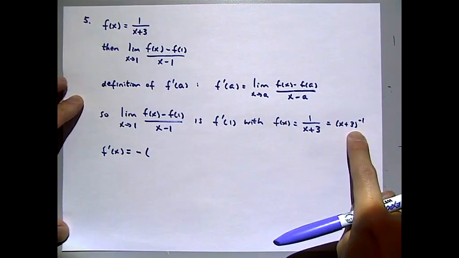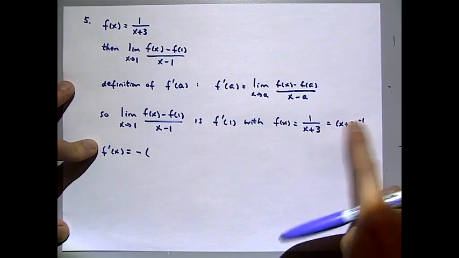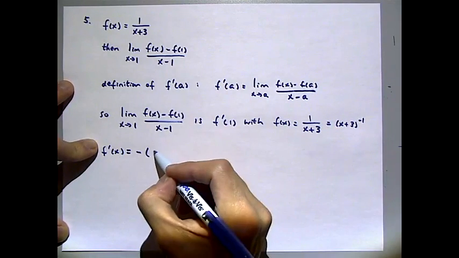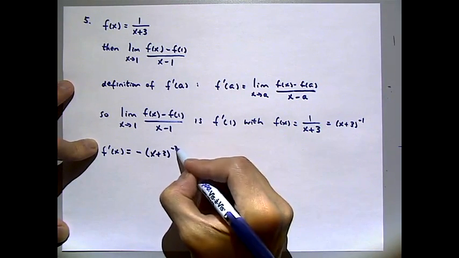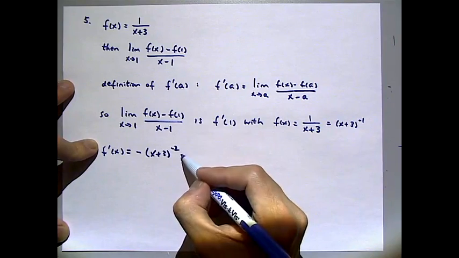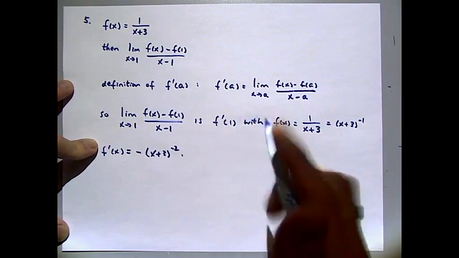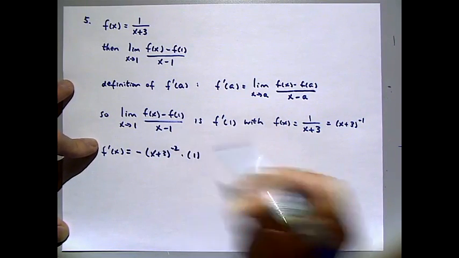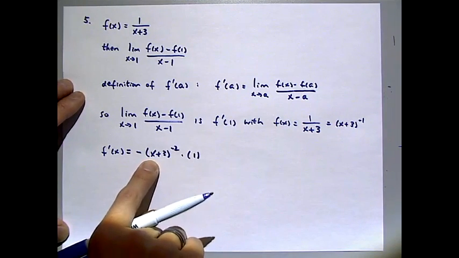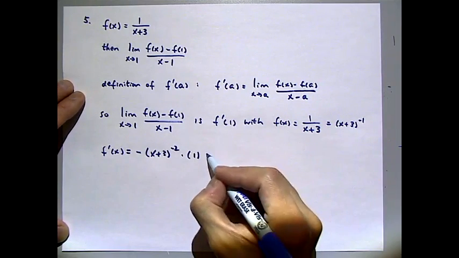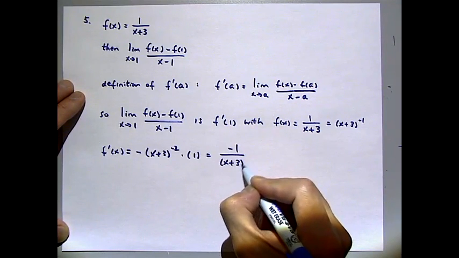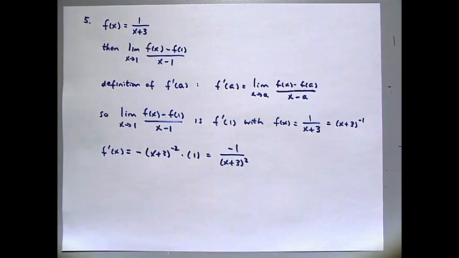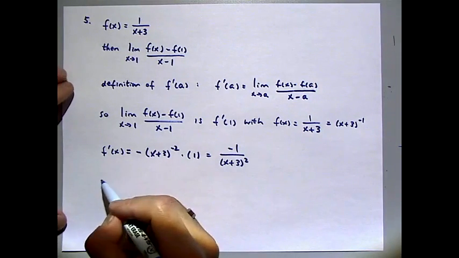I'll take the derivative of this using the chain rule. Let's bring down the minus 1, keep the base, reduce the power by 1, so that's a minus 2, times derivative of the inside here. That turns out to be 1 in this case. Derivative of x plus 3 is equal to 1. So that's equal to minus 1 over x plus 3 squared.